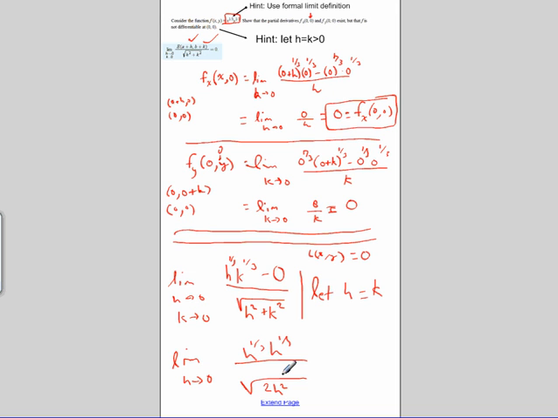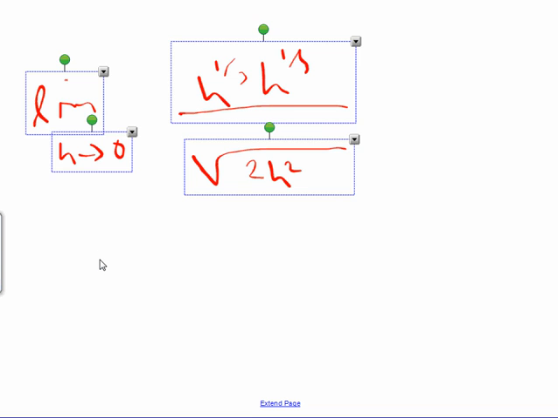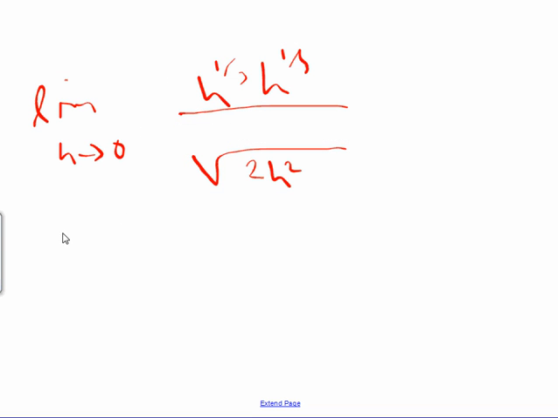And if we simplify this, let's move this over to another page so that we can see it a little bit better.